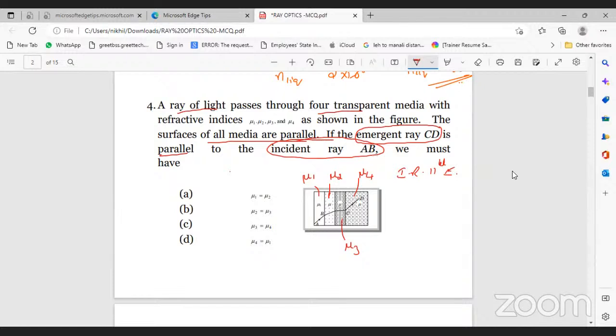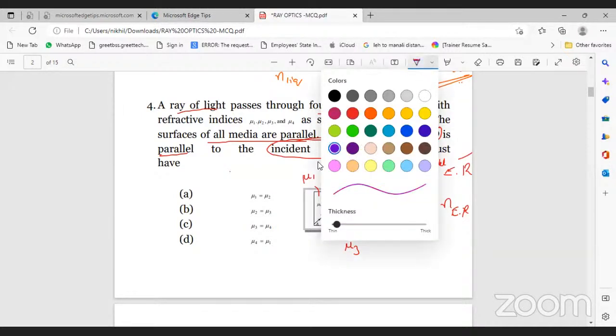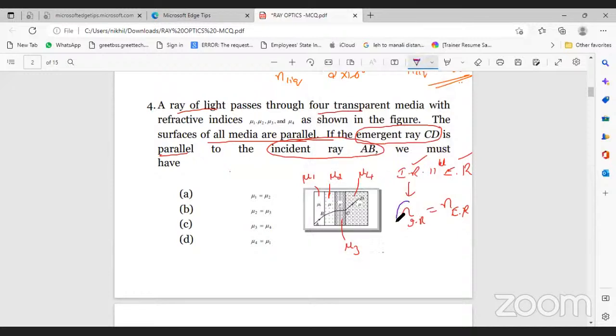Please remember, the refractive index of the incident ray medium must be equal to the refractive index of the emergent ray medium. This is what I explained in lateral shift. In the case of lateral shift, the incident ray and the emergent ray are parallel only if the refractive indices of the media are the same.